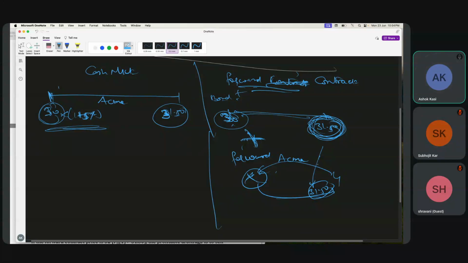So how will you get 31.50? From this bond, by selling it, and that money you will pay in the forward contract, and you will get Acme shares. So finally, you are owning Acme shares whose value is 31.50. That's why it is replication, no arbitrage replication.